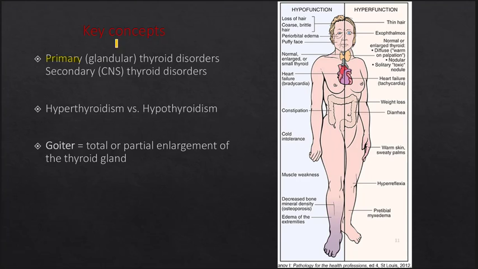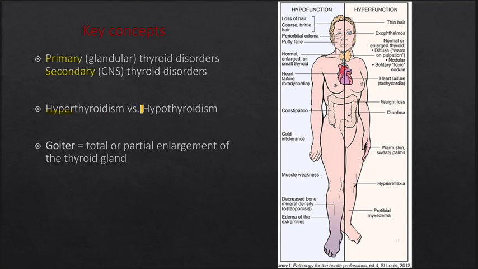Primary would be that it begins within the gland itself, so maybe a disease of the thyroid gland itself. Secondary are those related to central nervous system problems. For example, there could be a pituitary adenoma, or maybe there's a problem with the hypothalamus, and then the thyroid itself will be secondarily affected by that.